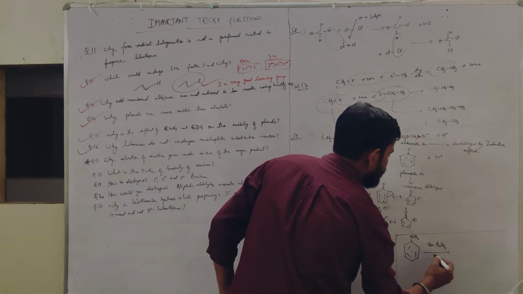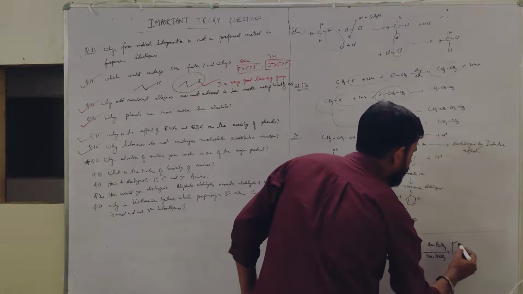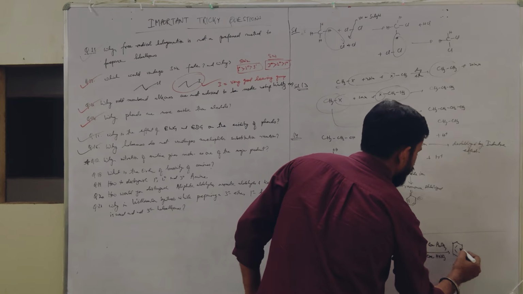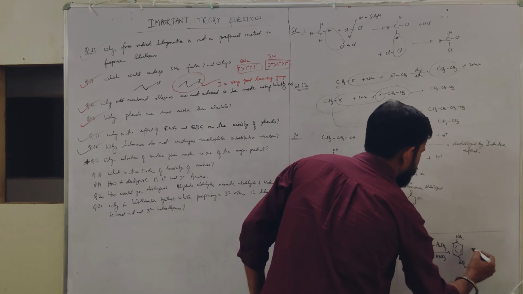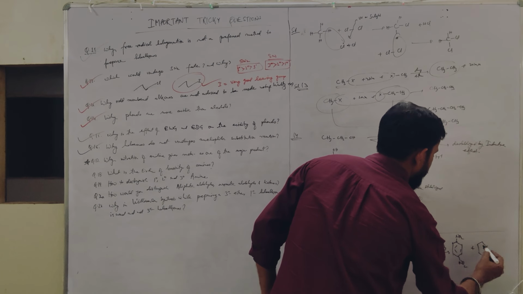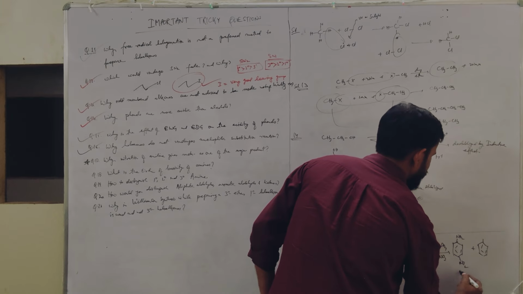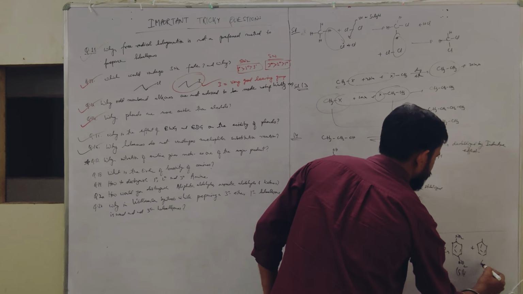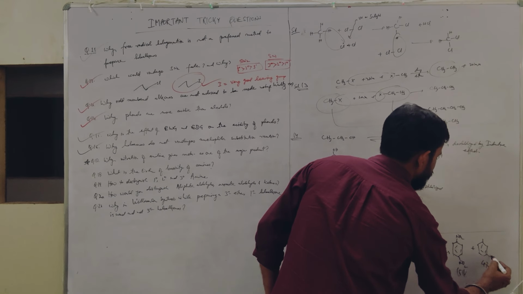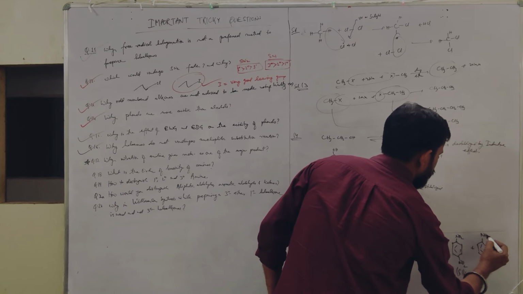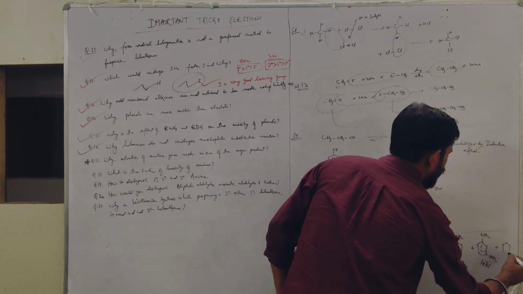Concentrated sulfuric acid plus concentrated nitric acid, you get the major product. This is 51%, this is 47%, and then ortho is also formed.